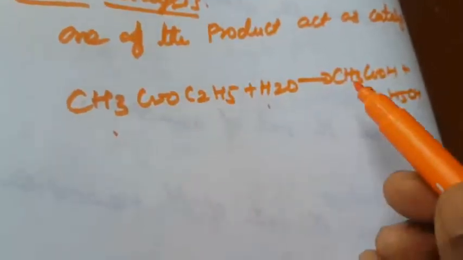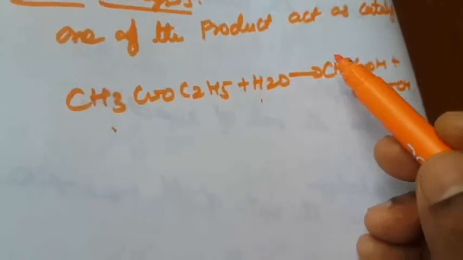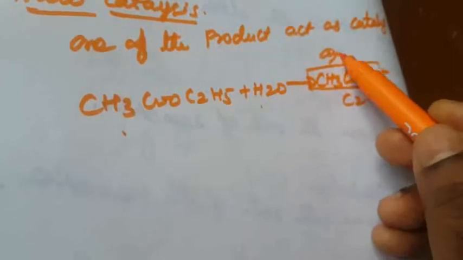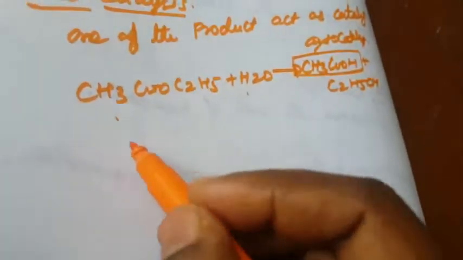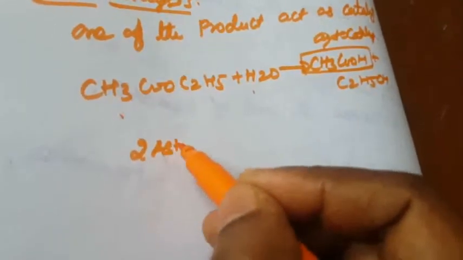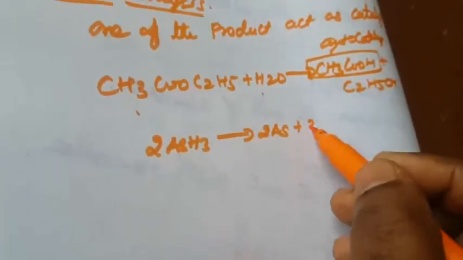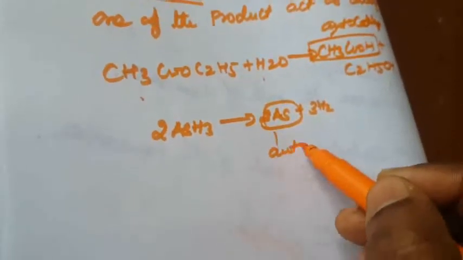This is ethyl acetate. Here this acetic acid acts as the autocatalyst. Again, arsenic hydride, arsenic and hydrogen. Here this arsenic acts as an autocatalyst.